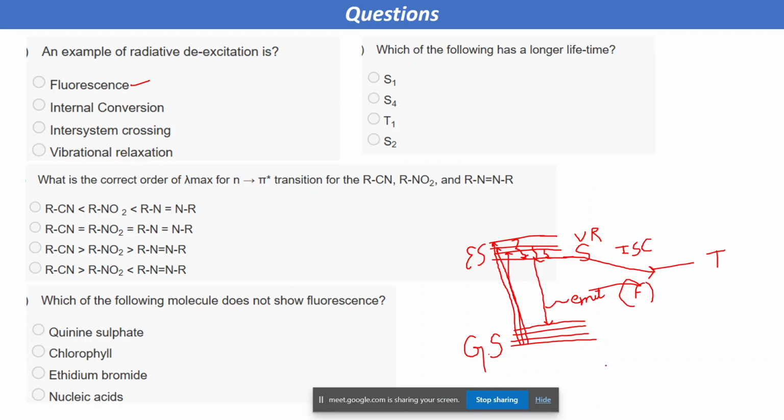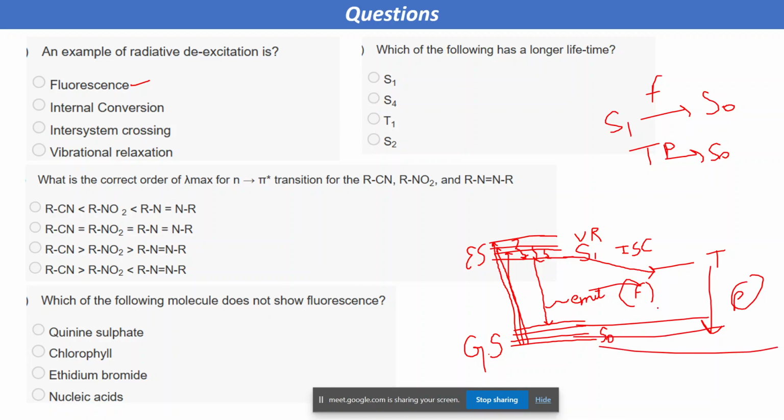If a molecule goes from S1 to S0 state, it is termed fluorescence. While if a molecule goes from a triplet state to the ground state, it is phosphorescence. So from here it will be phosphorescence.